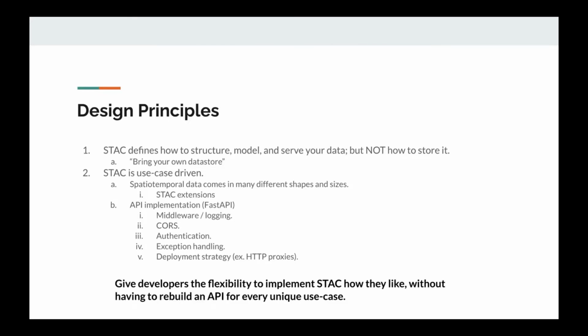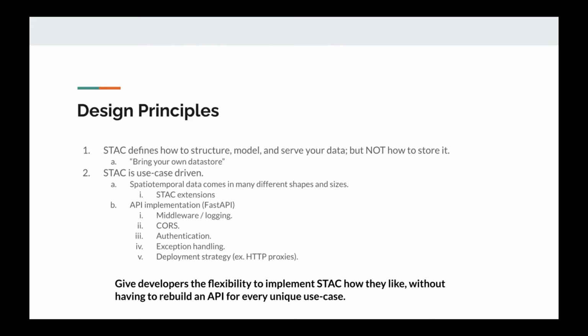At the end of the day, the underlying design principle, the underlying goal that we're going for is we want to give developers the flexibility to implement STAC how they like, but without having to rebuild an API for every unique use case. Because, again, STAC is inherently use case driven. And there's going to be naturally a lot of variance in the way people store their data.